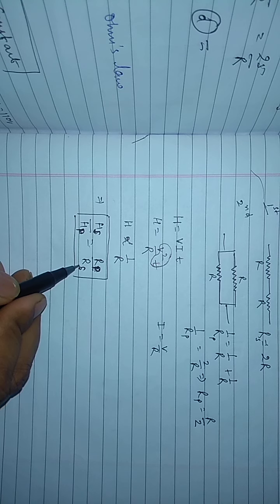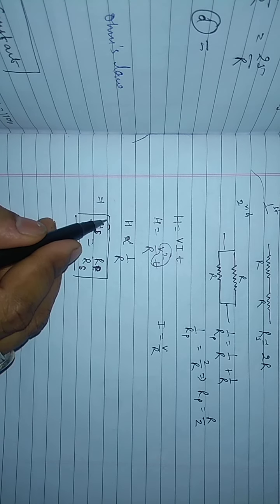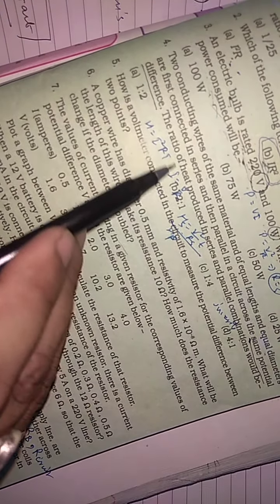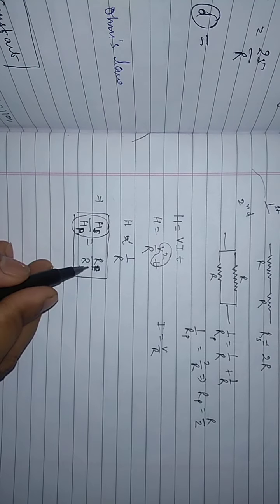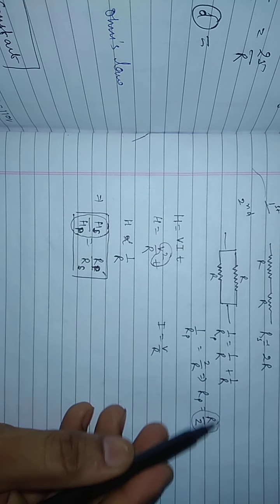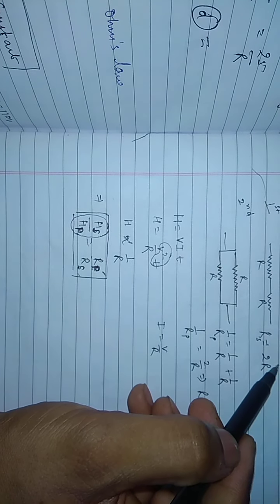We are going to calculate this ratio because in this question we are asked the heat produced in series and parallel combination. So we got the values of R parallel and RS.